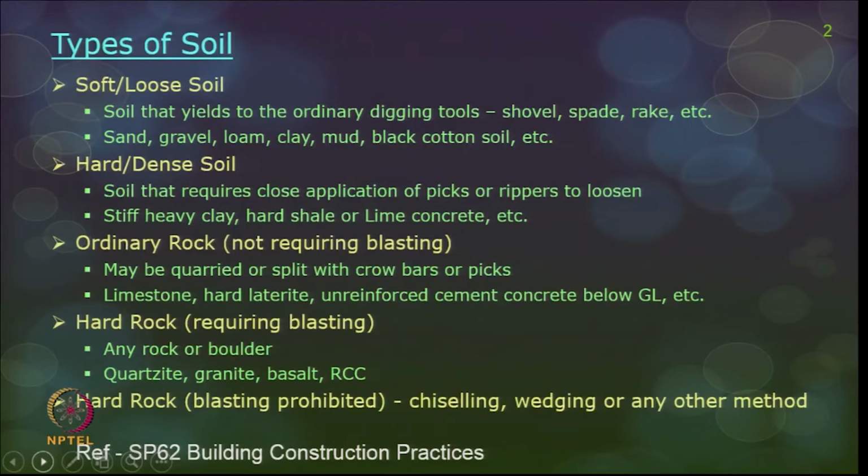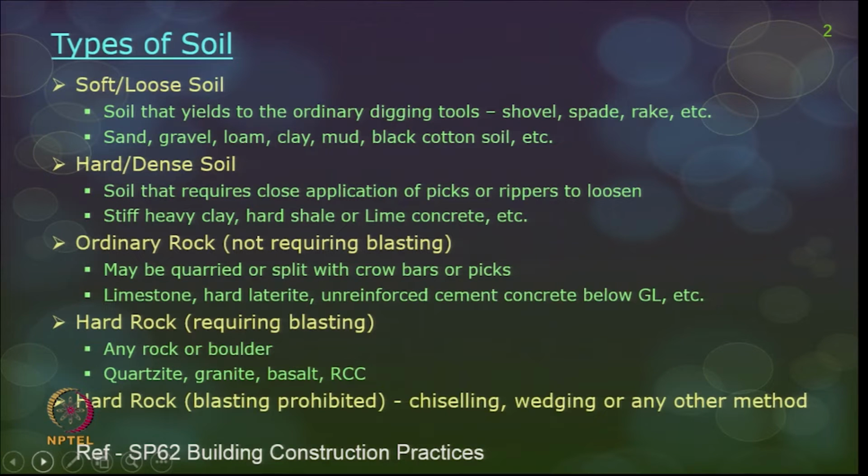The next category is ordinary rock. Again in rock you have several categories. One is rock which does not require blasting, and the other is where blasting is prohibited. In ordinary rock, examples are limestone, hard laterite, then unreinforced cement concrete, etc. You may have to split with crowbars or picks.